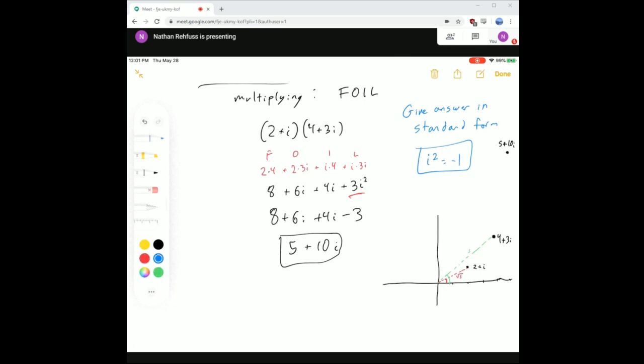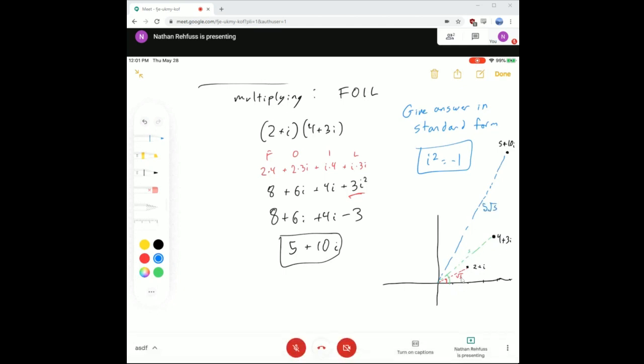This thing right here, you can check my math, but one thing is the distance is 5 root 5. It's this distance times this distance. So the distance from the origin, when I multiplied these two numbers, the answer is the product of their distances. So distance is preserved by multiplication is what I'm saying.